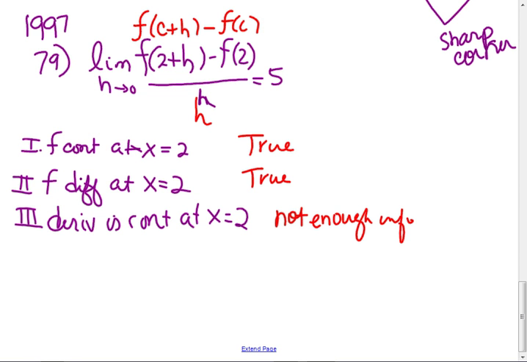This is the derivative. If the derivative exists, it's differentiable. And if it's differentiable, the function must be continuous. But I don't know about the derivative. If the derivative is continuous, the function's continuous. I need to know more than that. I have to know maybe what the derivative is.